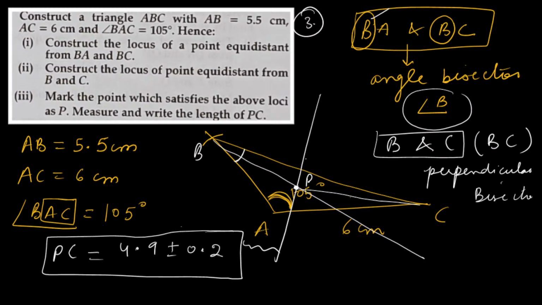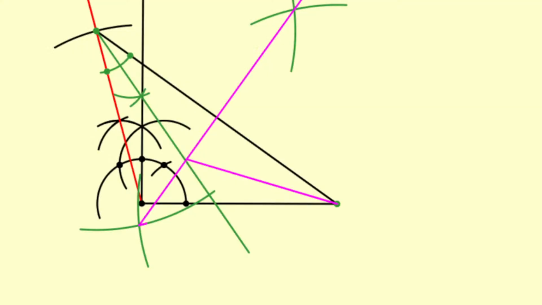AC is 6 centimeter. One second, let me check. As Likita is telling me, I've done the angle bisector of C. I think according to me, I've done B only. See here, I've done the angle bisector of B.